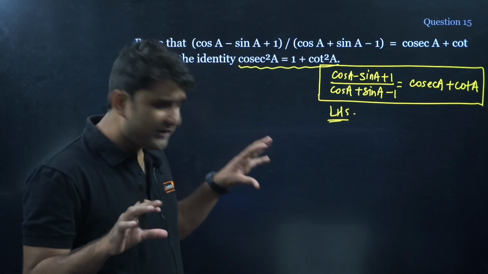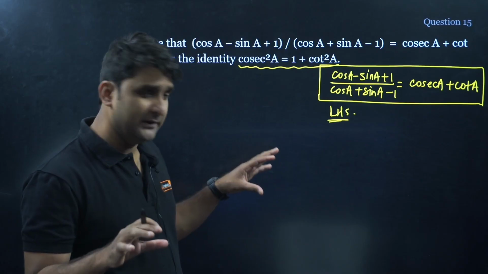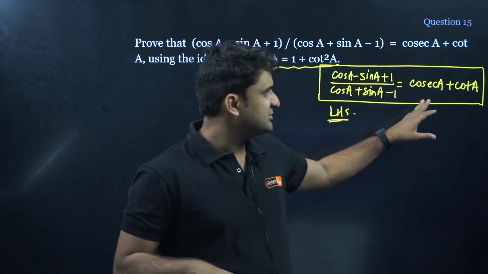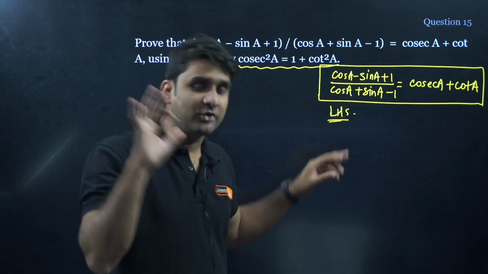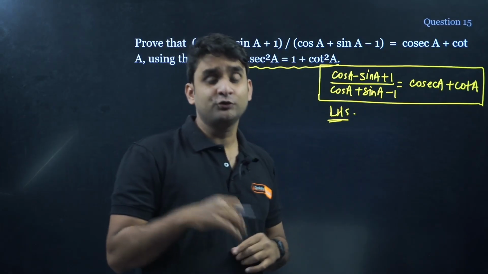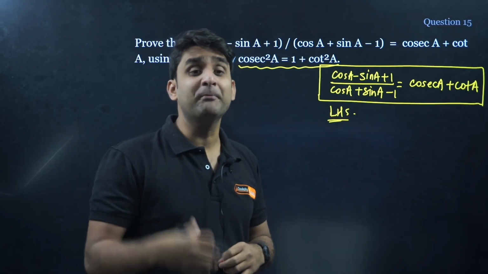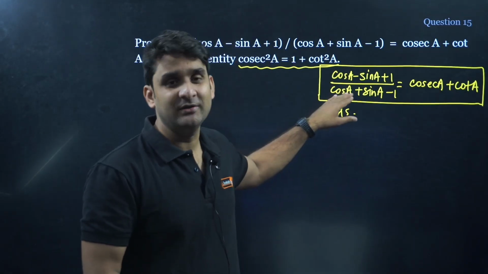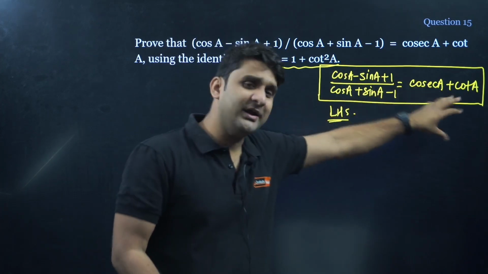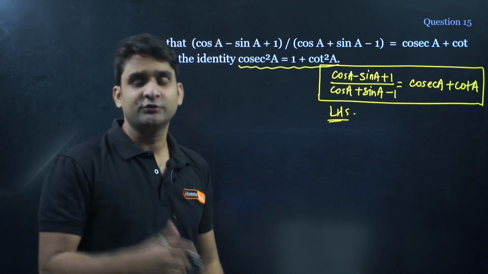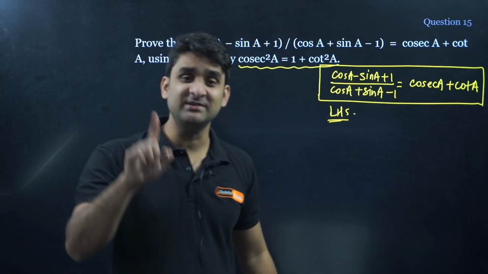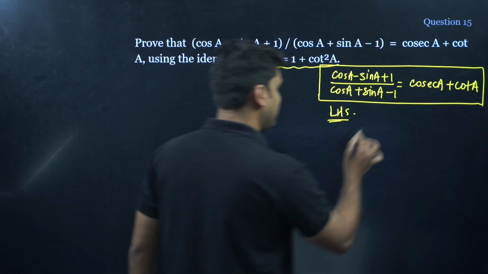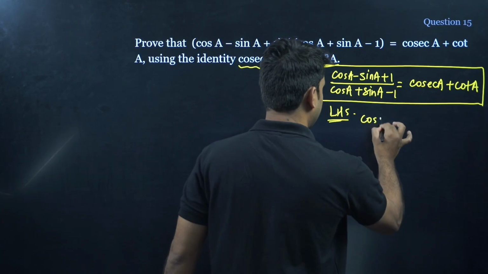If you observe carefully, RHS is having cosec and cot A, but LHS is having only cos and sin. So what should we do? What should we implement in LHS so that we can get cosec A and cot A functions? So for this we have to divide numerator whole and denominator whole by sin A. So let's divide by sin A, and let me show you the magic.